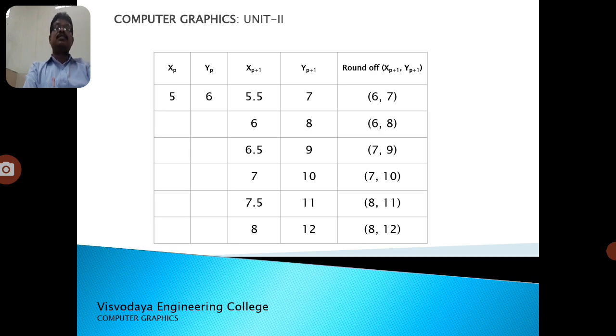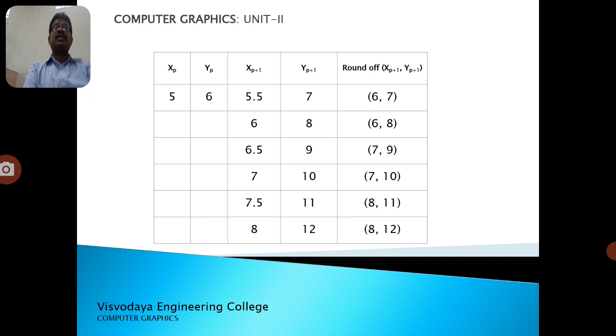So again you can take the 6 and 1 by m equals 0.5. You can add 6 plus 0.5, 6.5 in the next coordinate. Again 0.5 is added, the next coordinate 7. 7 plus 0.5, 7.5. 7.5 plus 0.5, that is 8.